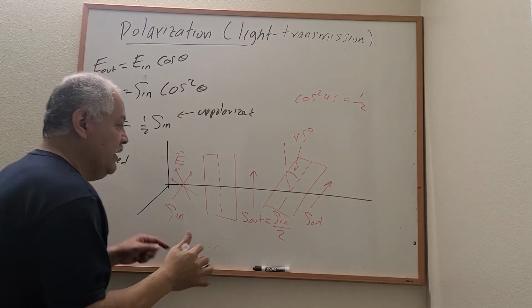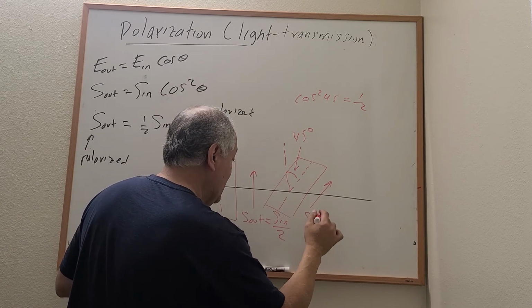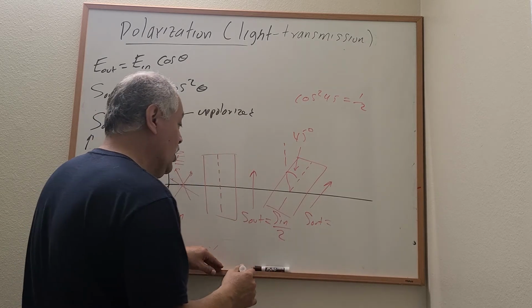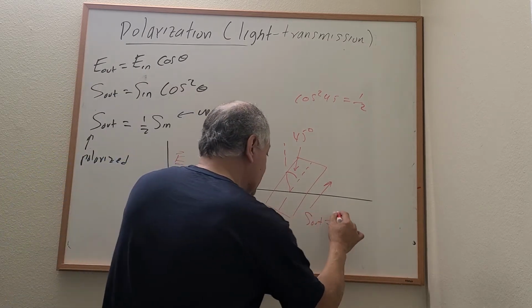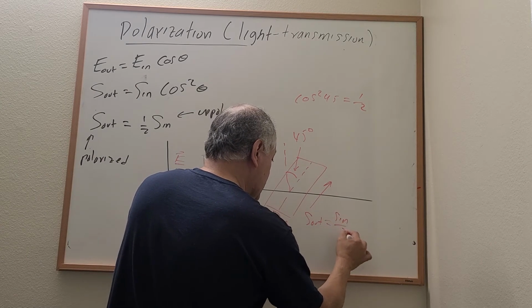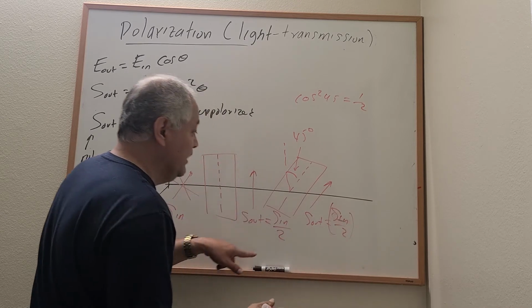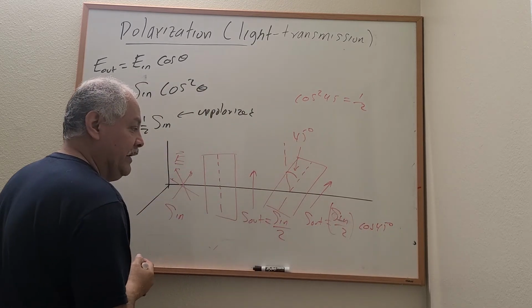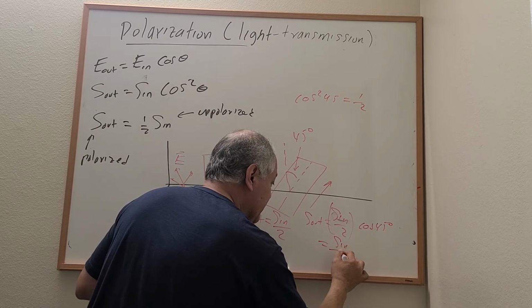Now what do we have right here then? This equals the initial one, 1/2, times cosine squared of 45 degrees, and this equals the initial one divided by 4, correct?